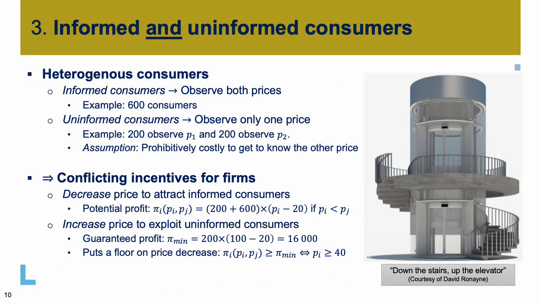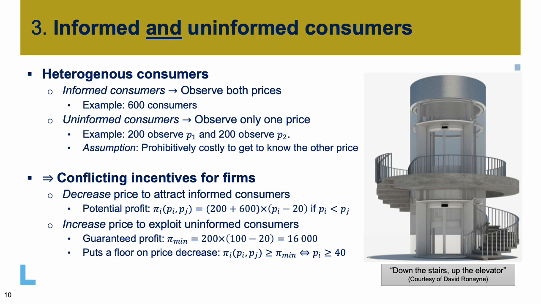Okay, so we have seen two extreme cases: the Bertrand model where all consumers were informed and were benefiting from the situation, and the opposite where all consumers were uninformed, and we saw there that it gave all the power to the firms. Now, more realistically, we would like a model where some consumers are informed and others are not.